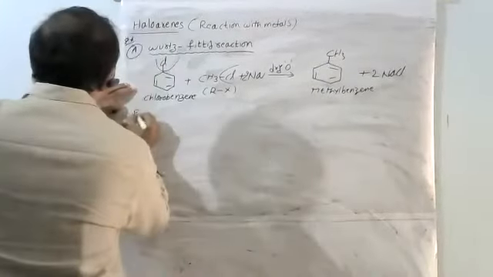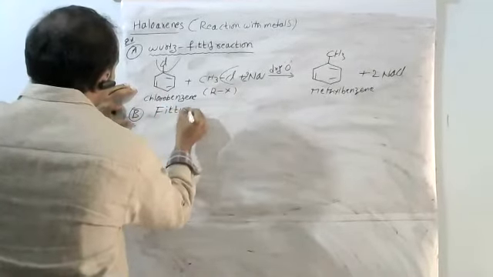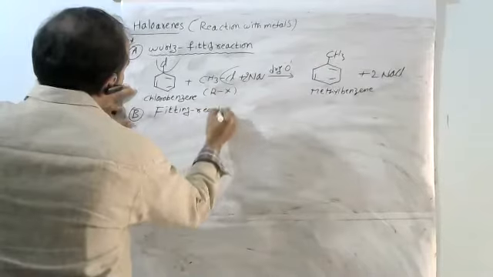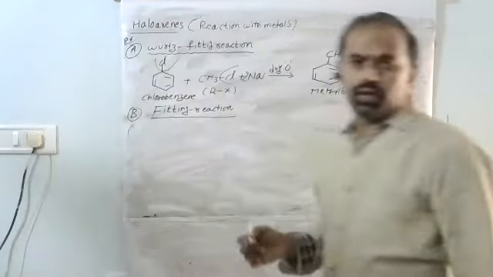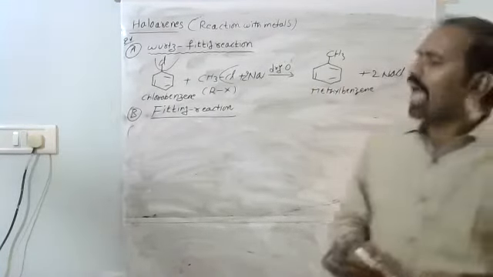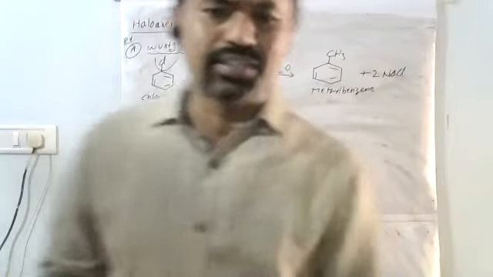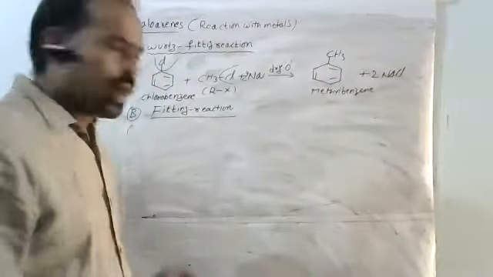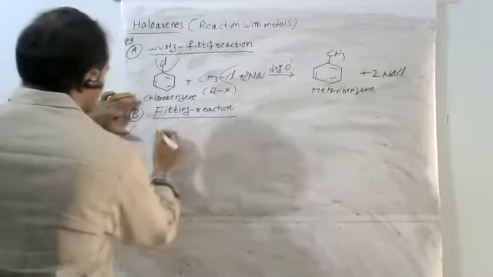Otherwise, there is one more reaction, only the Fittig reaction. In the Fittig reaction, haloarenes react directly with sodium metal in the presence of dry ether.